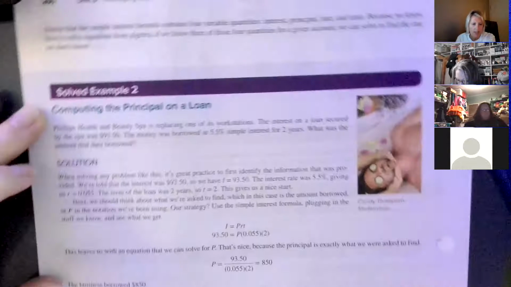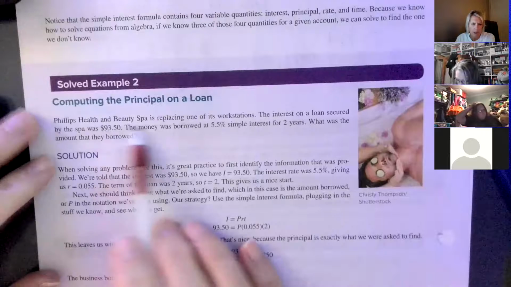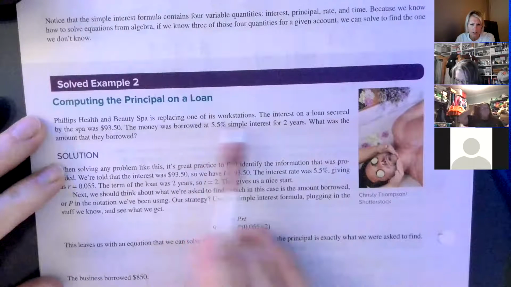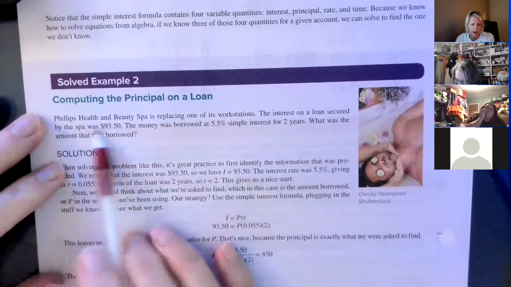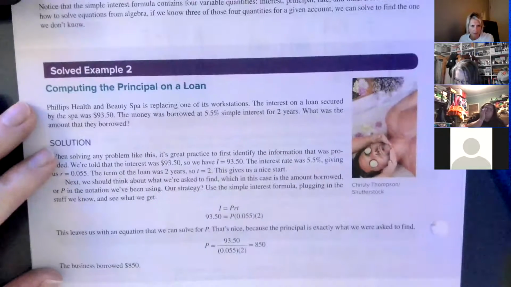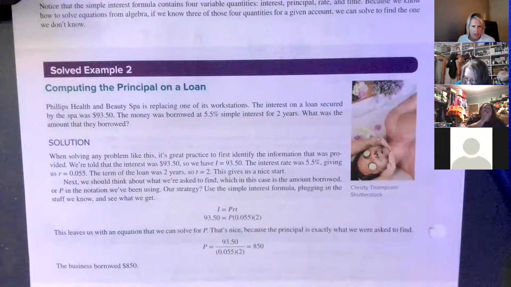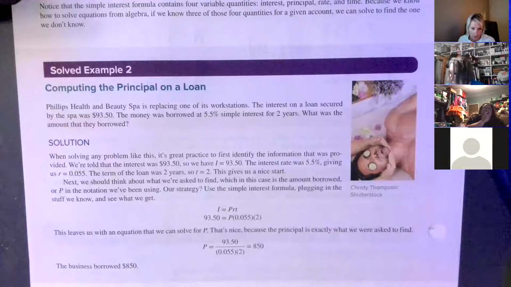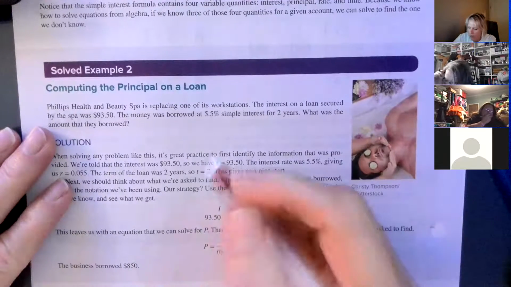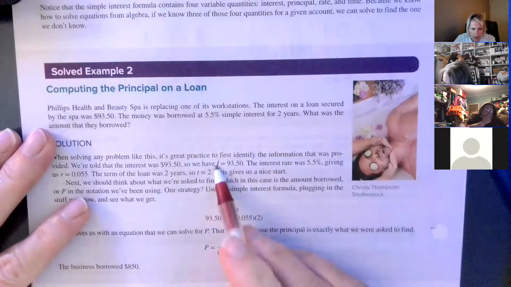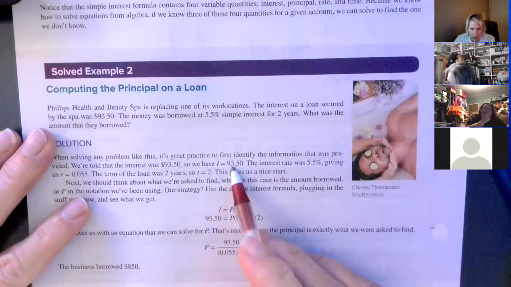So on page 260, it says Phillips Health and Beauty Spa is replacing one of its workstations. The interest on a loan secured by the spa was $93.50. The money was borrowed at 5.5% simple interest for 2 years. What was the amount that they borrowed? So they wrote out the interest, I is 93.5.